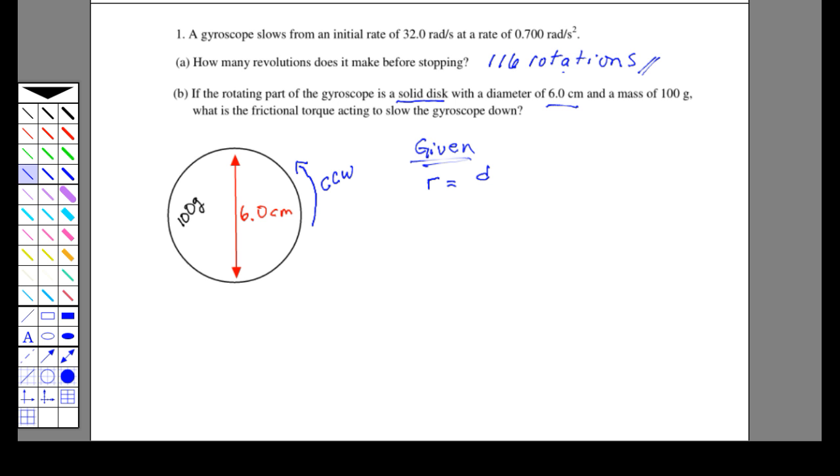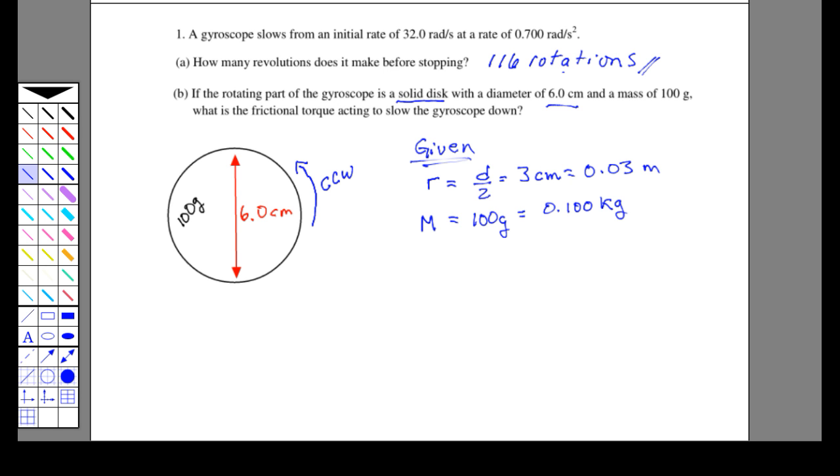So that's going to be 3 centimeters, or in SI units, we want that in meters, so it's 0.03 meters. We also know the mass of the gyroscope. We're told that it's 100 grams, and we want that in kilograms, so that's 0.100 kilograms.